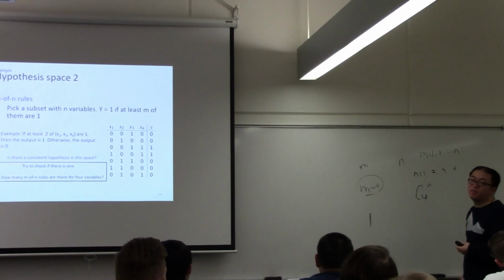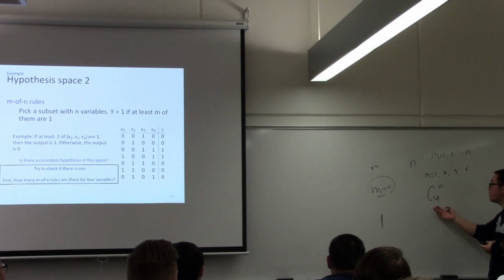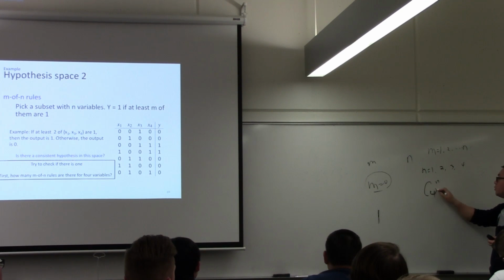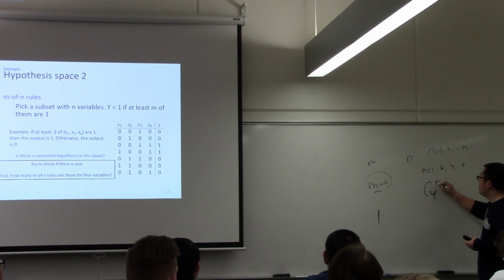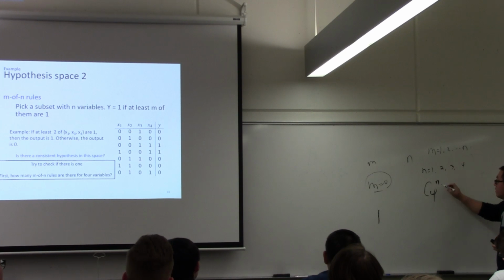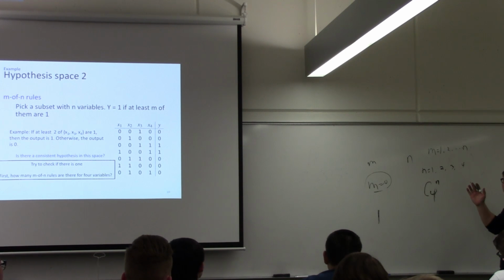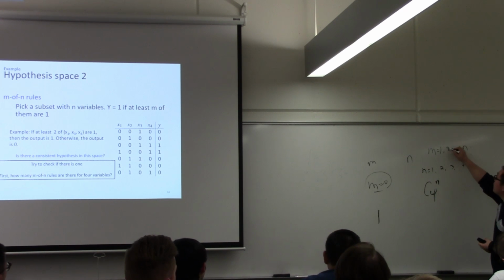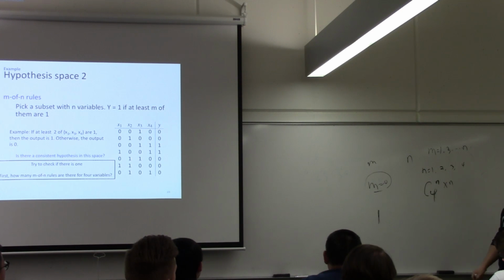C(4, n), that's a combination, the number of combinations to choose n variables out of 4 variables, right? And given one specific subset of n variables, how many m can we choose? Because each m corresponds to a different function, m can be chosen from 1 to n, so we have n choices, right?